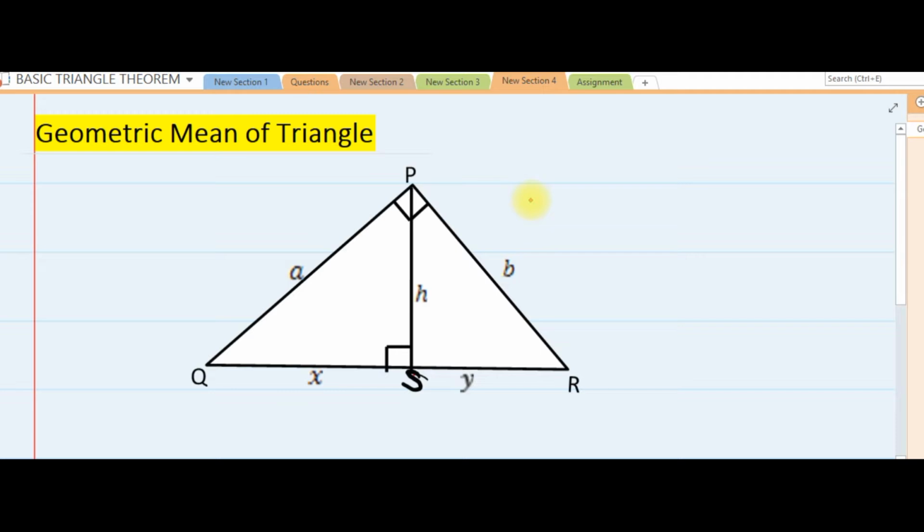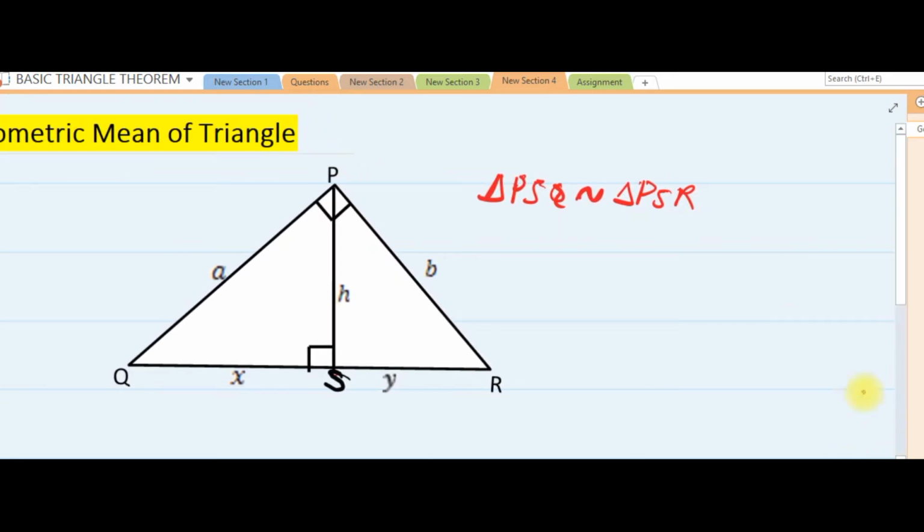So I'll first relate in triangle. As I'm saying that triangle PSQ is similar to triangle PSR based on right triangle similarity theorem.